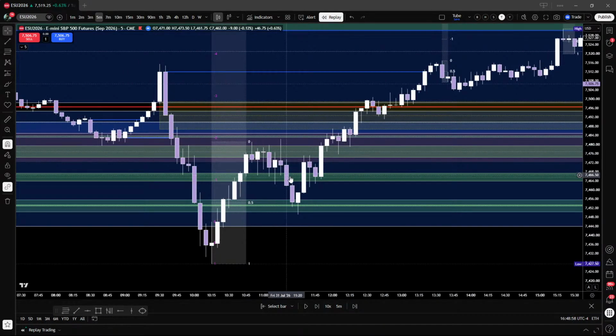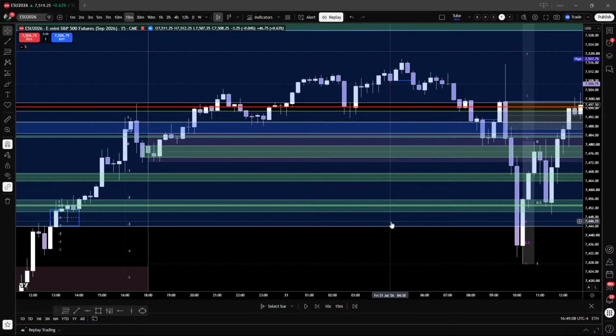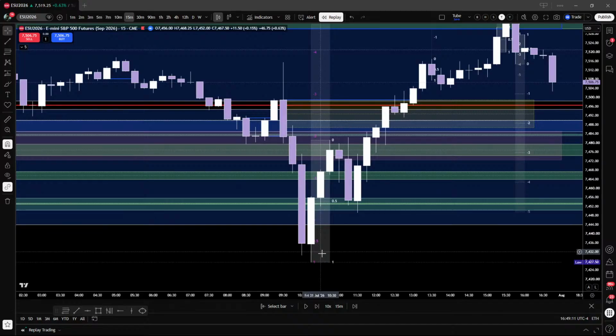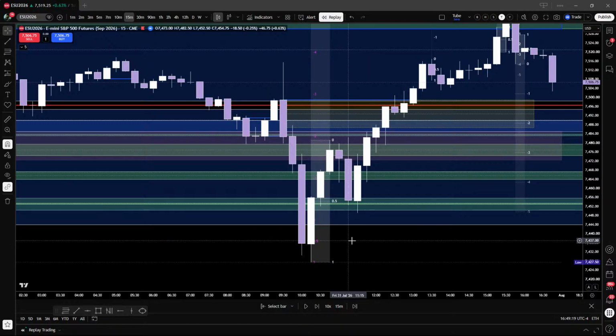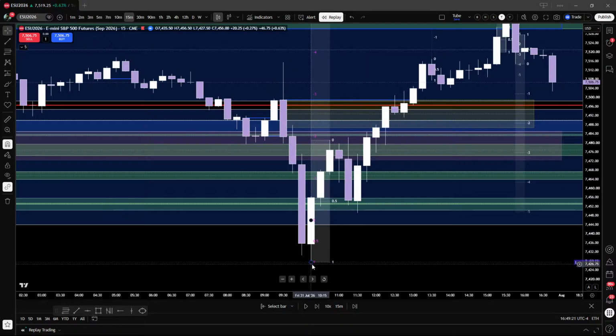After it made this move down here, then definitely on the 15 minute you can see that really nicely. It's the first swing, and it's pretty big. But we just measure what we see.